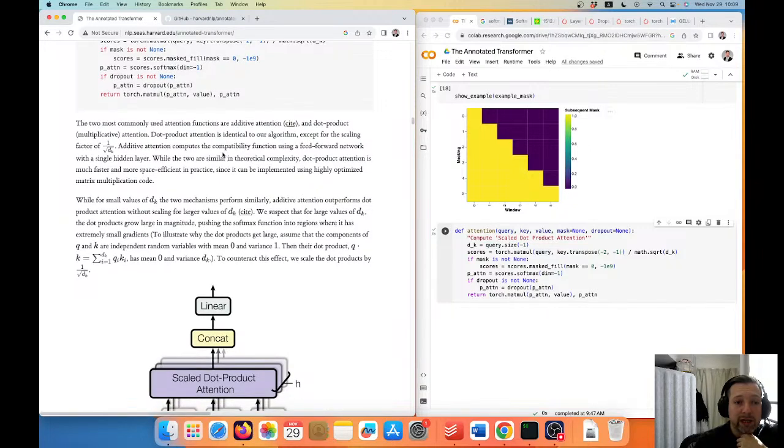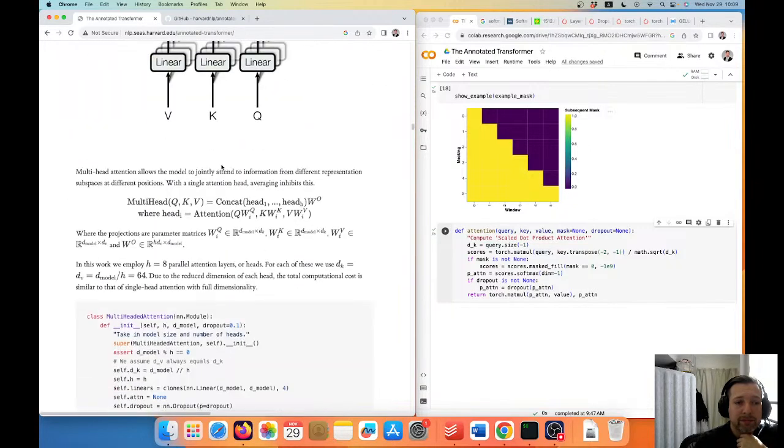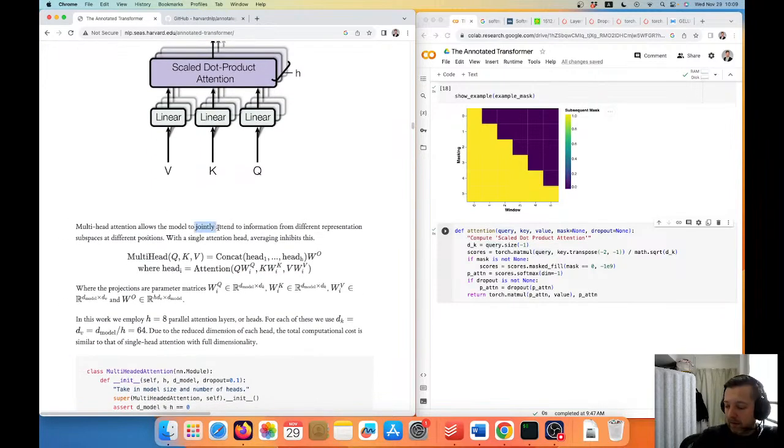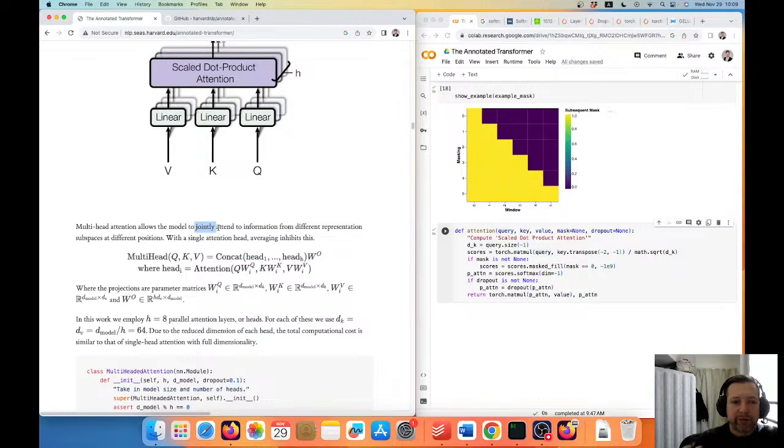And so they're saying with a single head, you can only look at a fixed subspace of the tokens, but if you allow for multiple heads, copies of this mechanism, then you can look at different pieces of the token stream simultaneously and use that as input to predicting the next token.